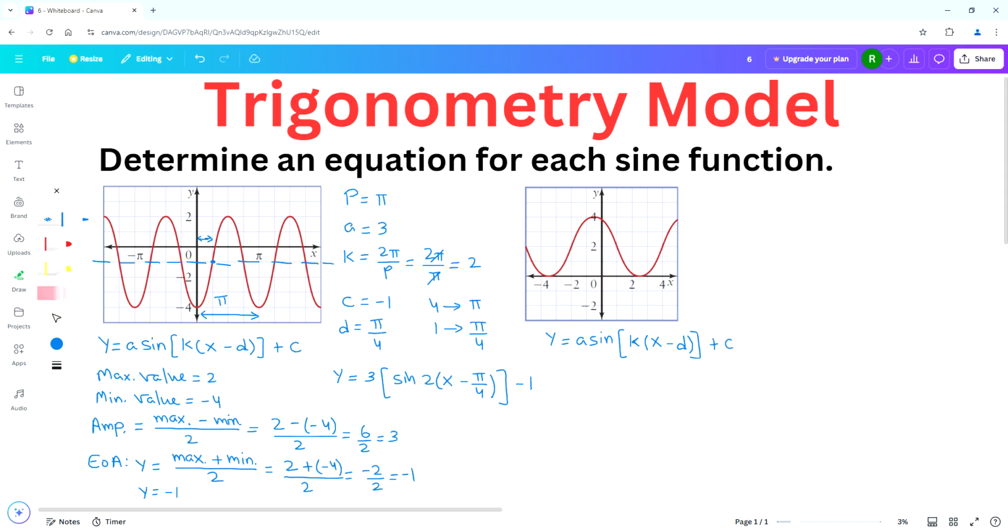We have to find the values of a, k, d, and c. As per the given graph, the maximum value of the function is 4. The minimum value is 0.